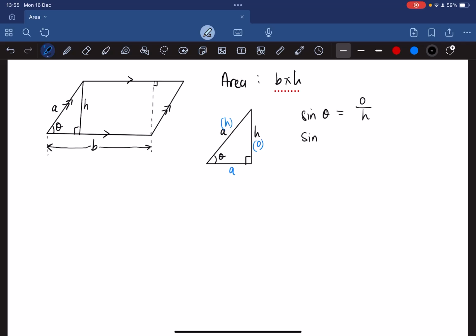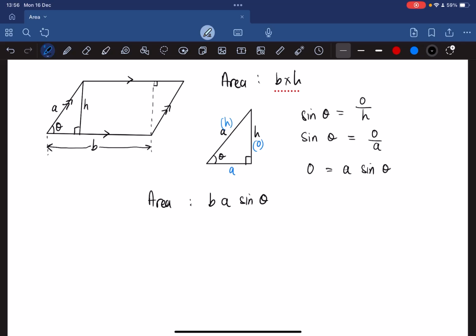That is sine theta is equal to O over A, and to find our O, we then say O is equal to A multiplied by sine theta. Hence, the formula for finding the area of a parallelogram becomes B multiplied by A sine theta.